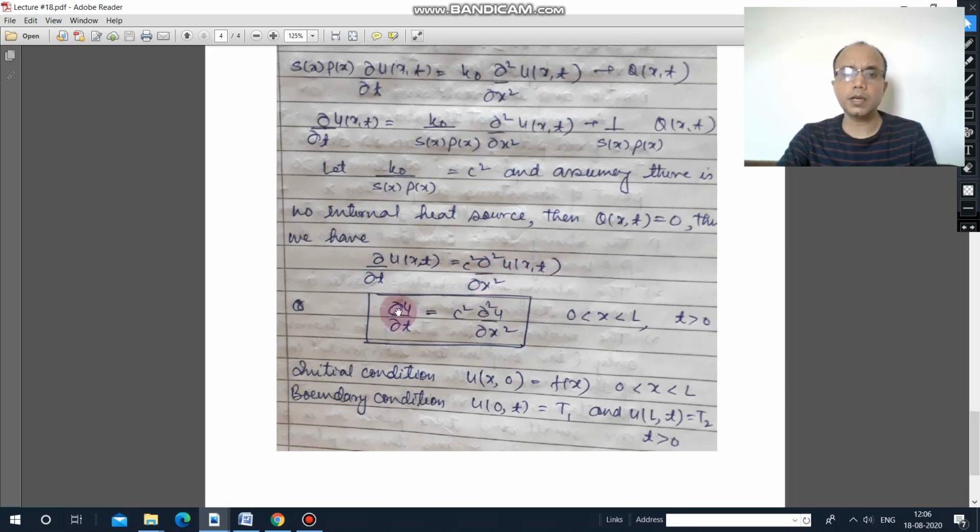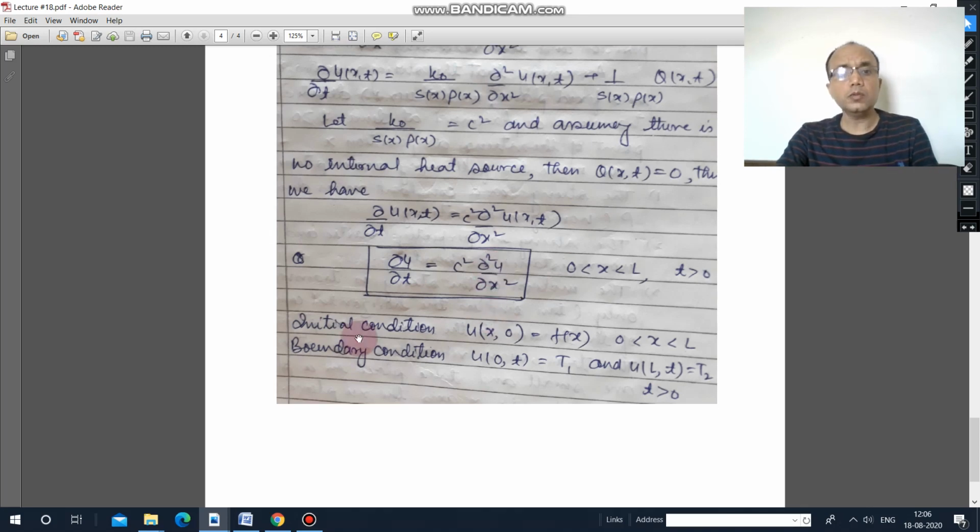In short, we can write del u by del t equals c square del square u by del x square, where x is between 0 and L and t is greater than 0. Clear? So this equation represents the temperature at any point, at any distance x and at any time t. So this equation is known as the one dimensional heat equation.